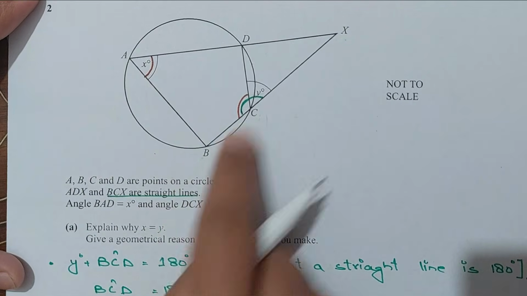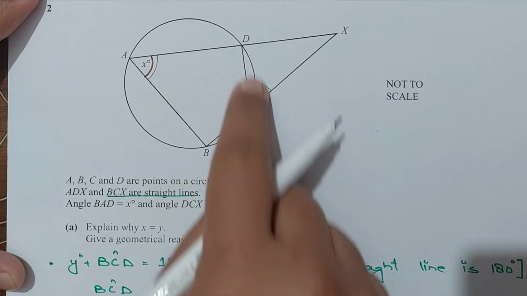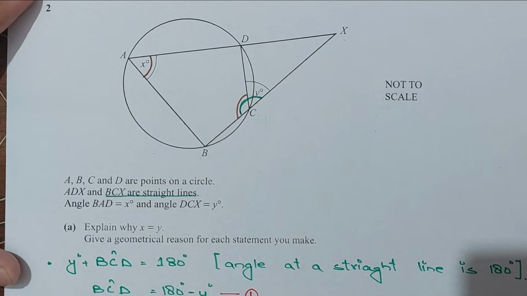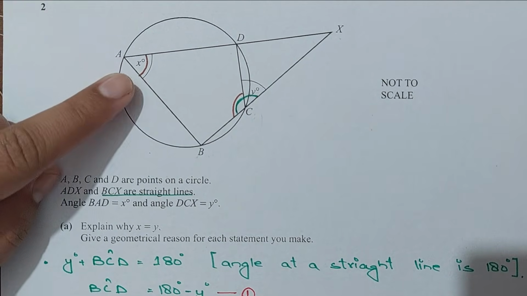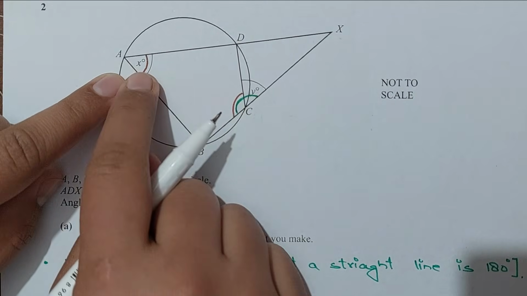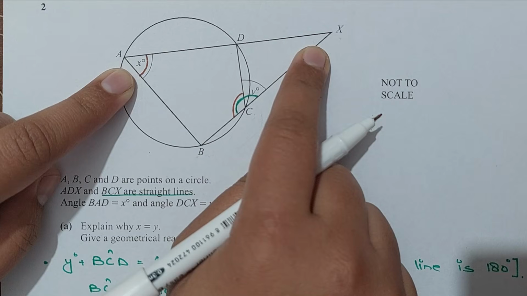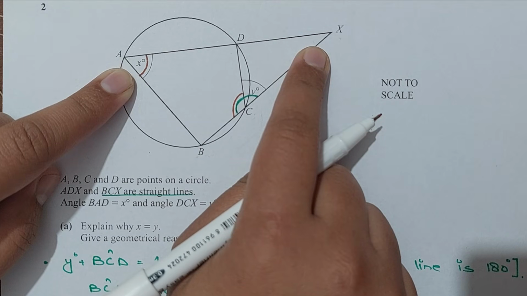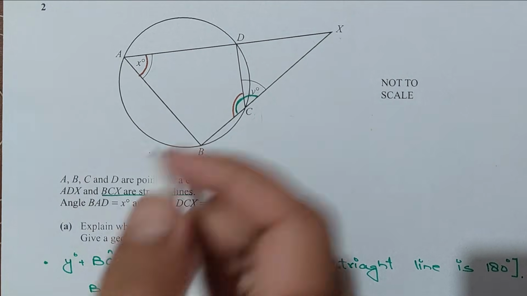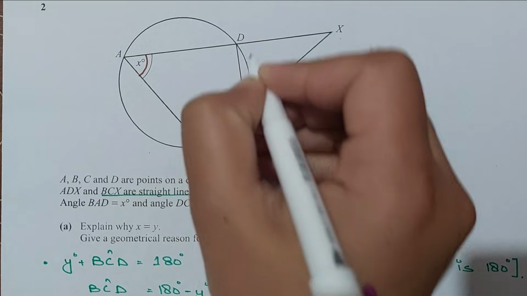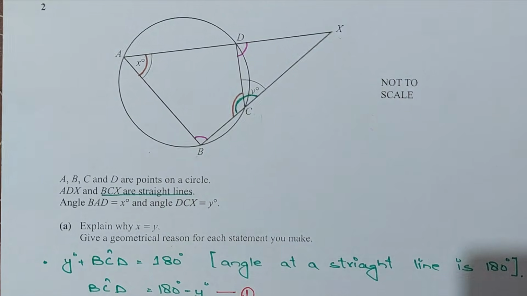This is ABX, this triangle, and CDX, this triangle. All right, so first, we have already shown that this angle A and this angle C are the same. X is the common angle and one more angle is left. So this angle B and angle D are also the same.